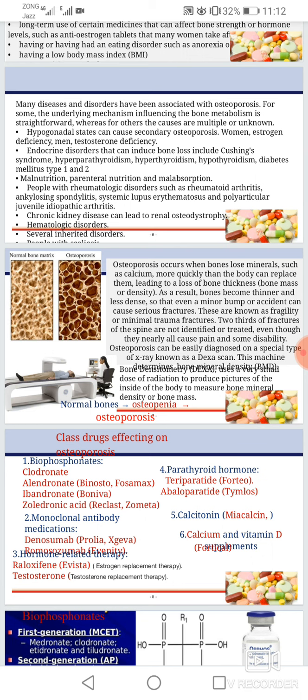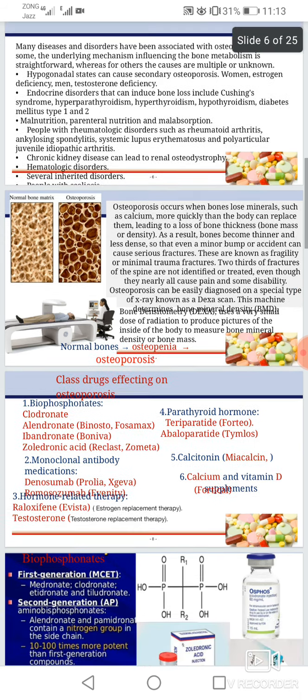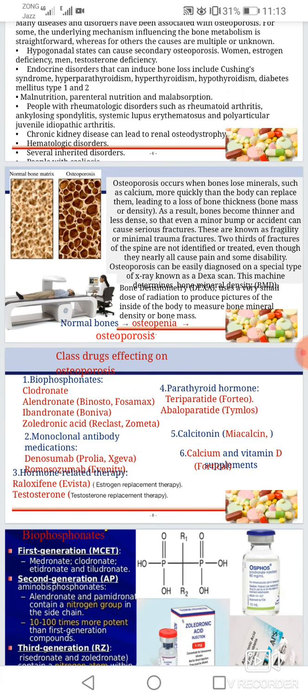People with rheumatological disorders such as rheumatoid arthritis, ankylosing spondylitis, systemic lupus erythematosus, and polyarticular juvenile idiopathic arthritis are also affected. Chronic kidney diseases can lead to renal osteodystrophy, as can hematological disorders and several inherited disorders.